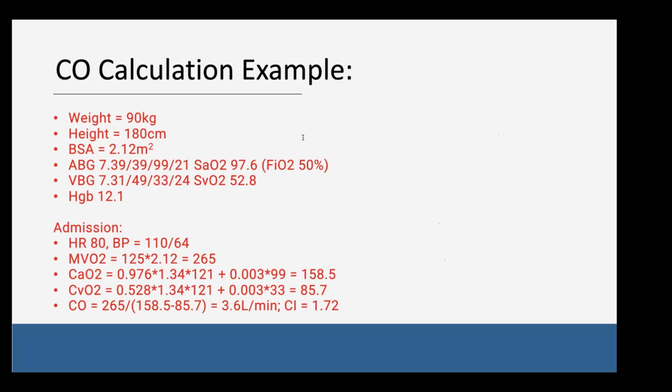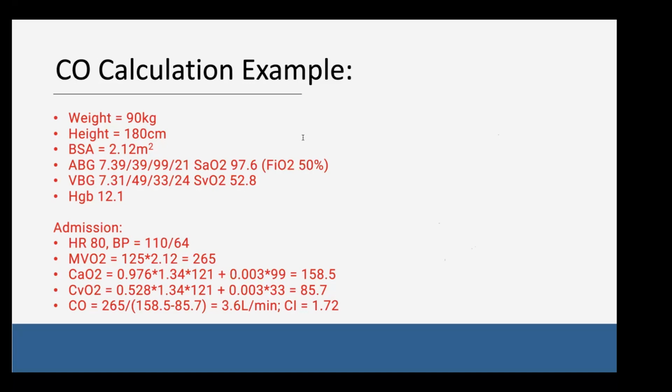It's just a decimal point calculation based on units. Yes, because we want to get the cardiac output in liters per minute. So the 12.1 is what you have here now as 121, but not grams per deciliter, now grams per liter. Yes, thank you for that clarification.